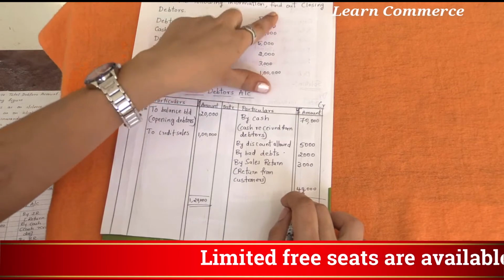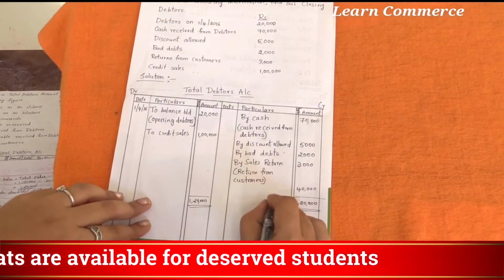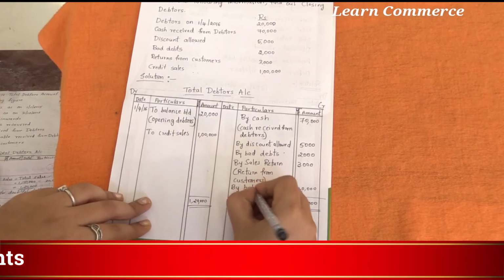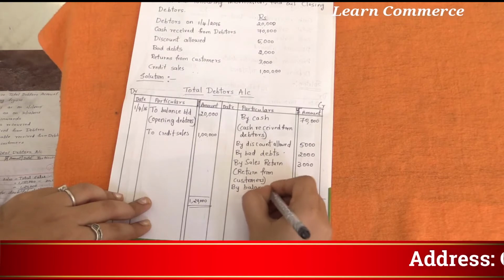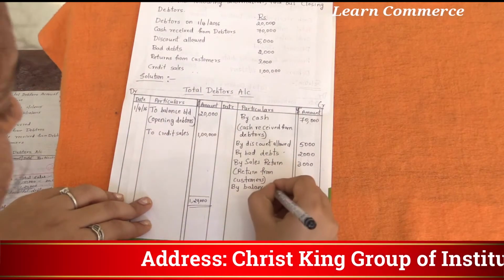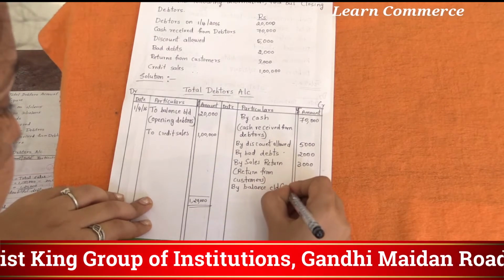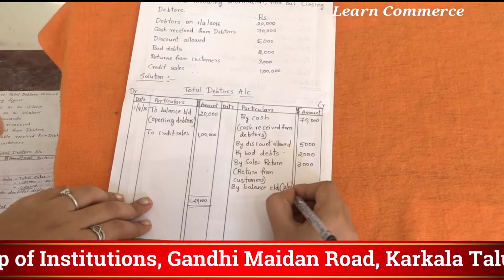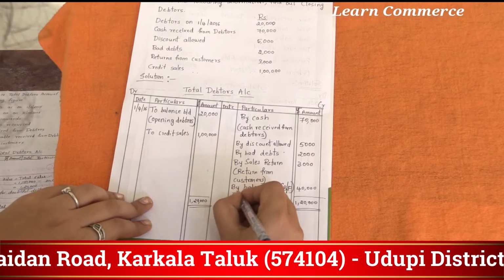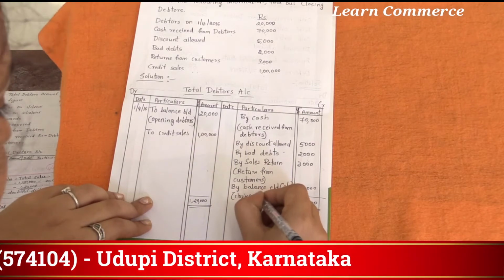So they told us to find out closing debtors, isn't it? It is nothing but closing debtors. So closing debtors we will write by balance, closing debtors. It is a debtors account, that's why the closing balance should always be by balance carried down. Okay. It is a balancing figure, B by F balancing figure. Then write it here, in bracket, closing debtors.